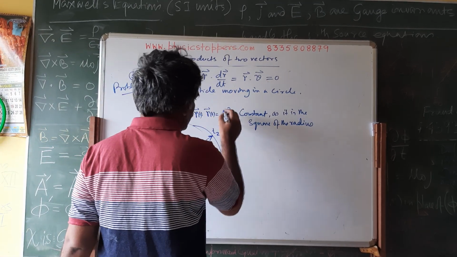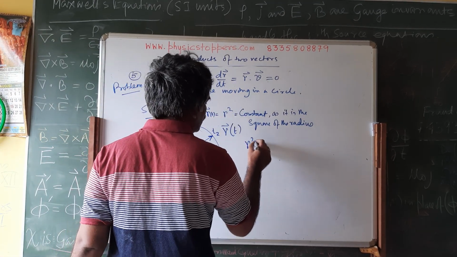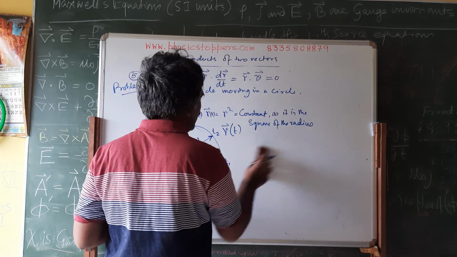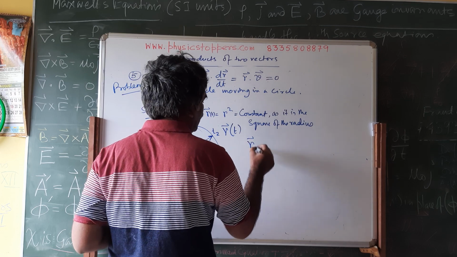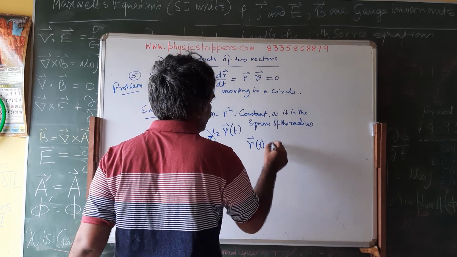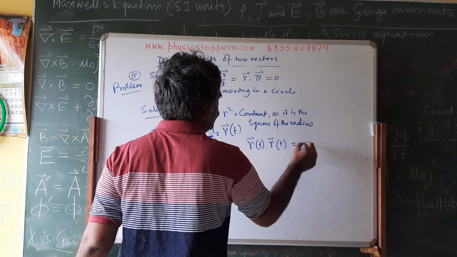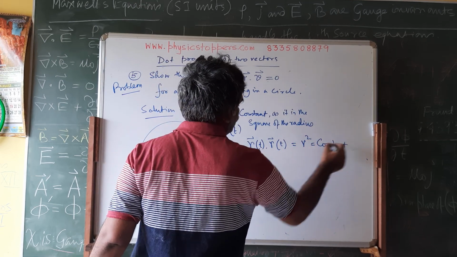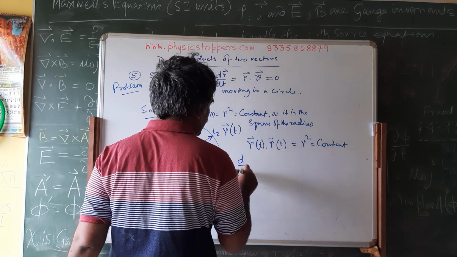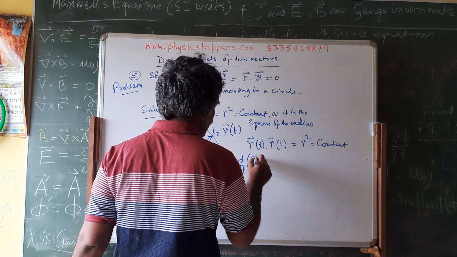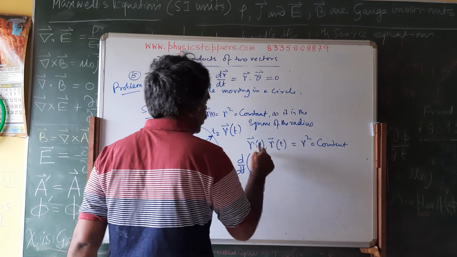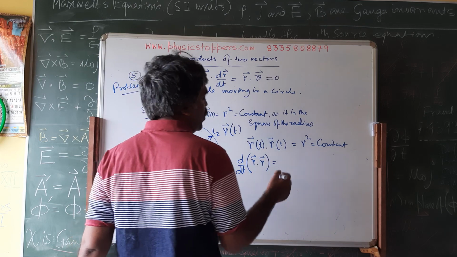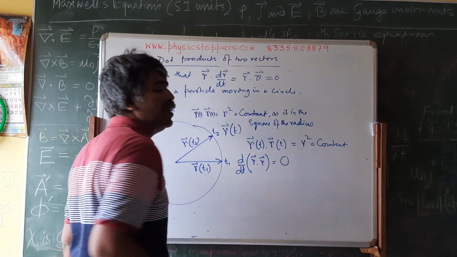Now you differentiate. So r vector, which is a function of time, dot r vector, which is also a function of time, is equal to r square, which is a constant. So if you differentiate, d/dt of r dot r is equal to 0 because the right hand side is constant.